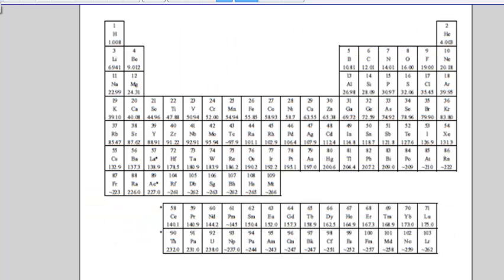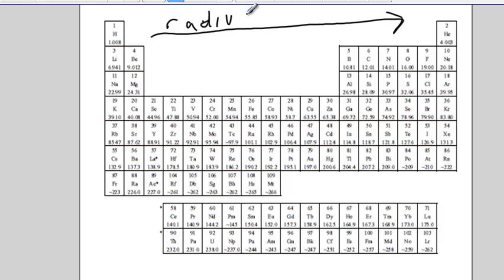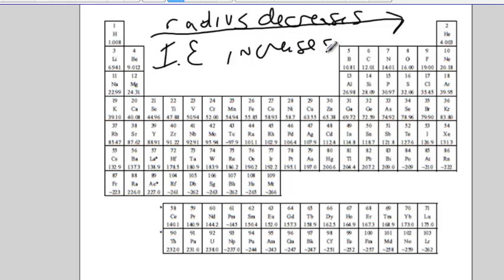So remember the trends. As I go across this way, radius decreases, ionization energy increases, electronegativity increases.